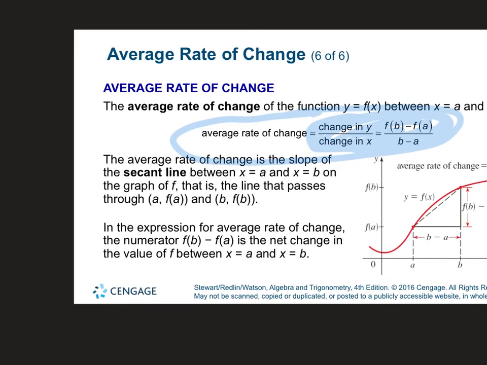When they talk about the net change, that's going to be on your web assignment. It says the expression for average rate of change, the numerator is the net change. That means your change is in what? Is it your change in y or your change in x? What's in the numerator? Guys, what does that say right here? Change in what?